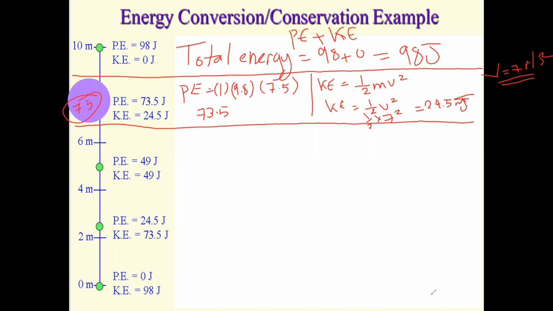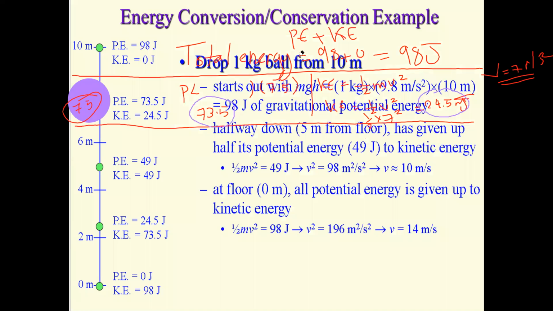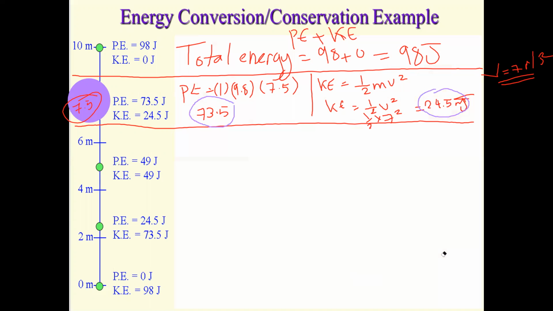The total will be 98, because 73.5 added to 24.5 gives the total energy. So the total energy here was 98 joules.